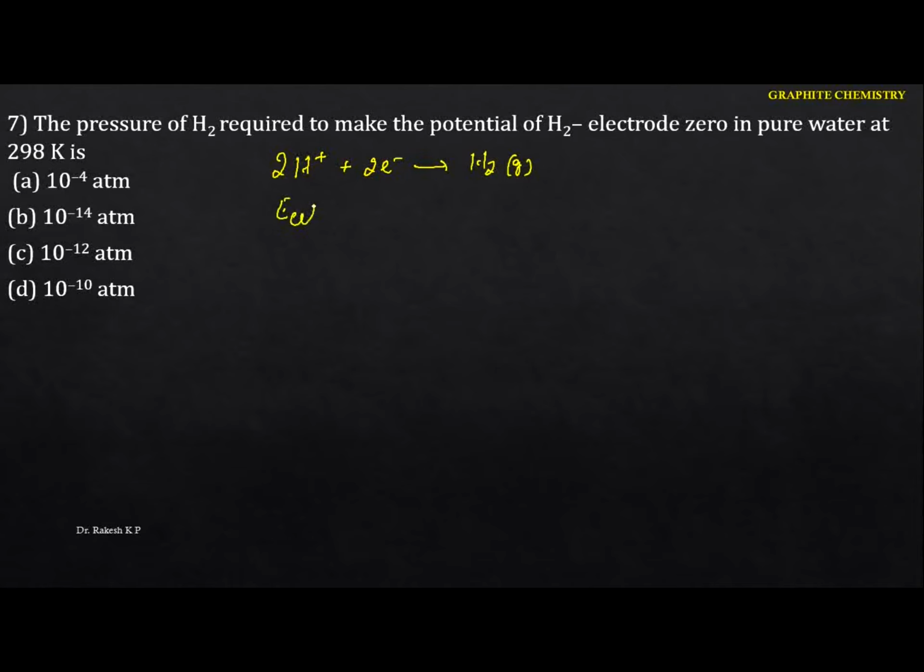That is E cell equals E0 cell minus 0.0591 divided by n, directly I'm going to take the n value, that is 2, into log of the pressure of the hydrogen gas, because you have to calculate the pressure of the hydrogen gas, divided by the concentration of H+ to the power 2.